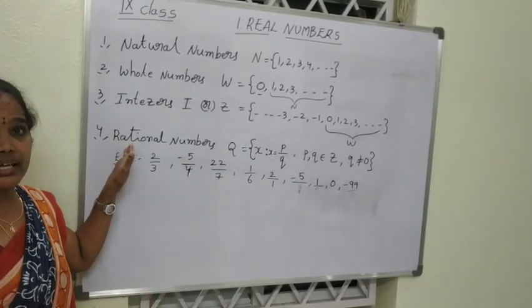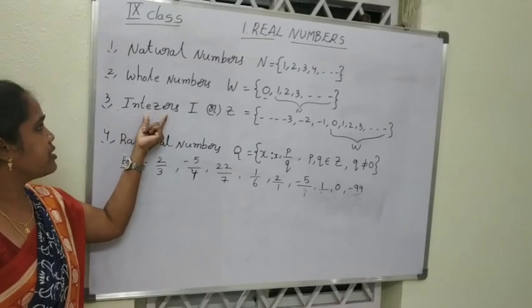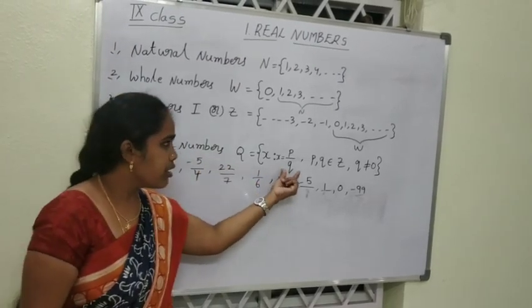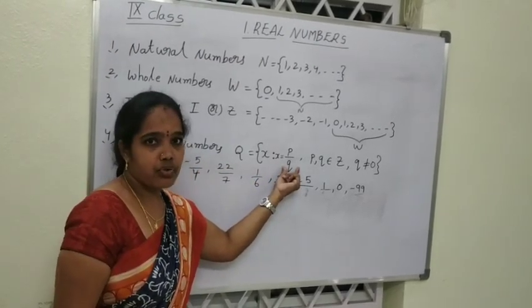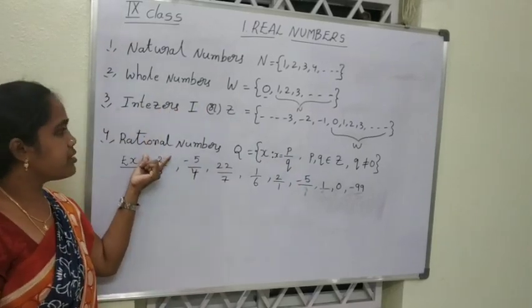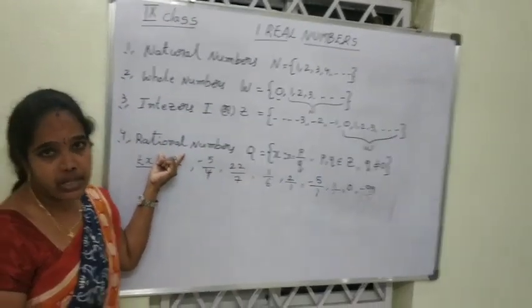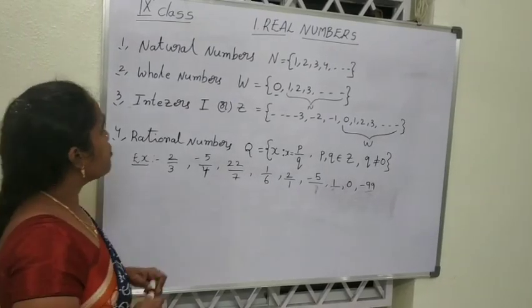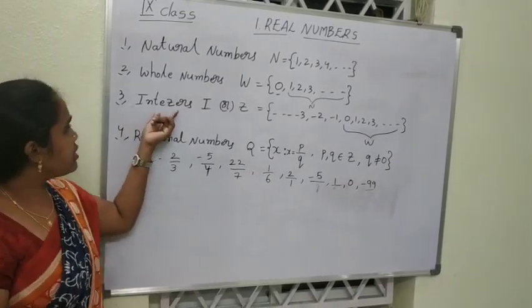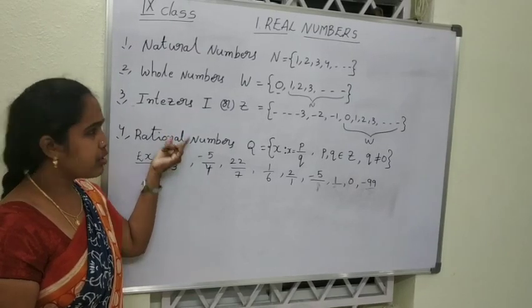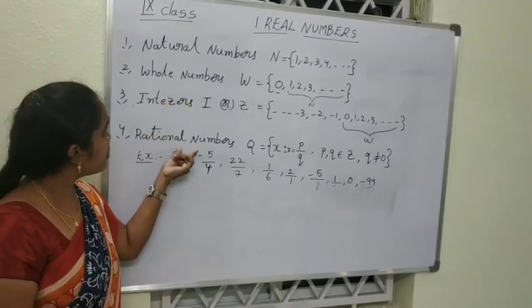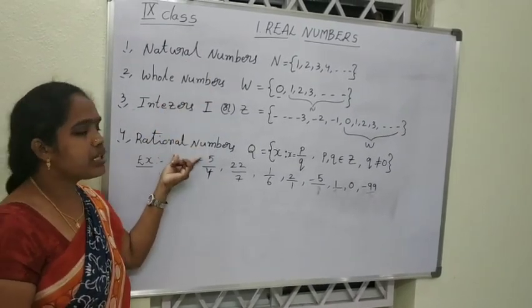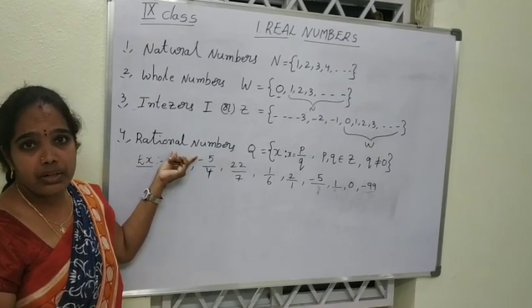So from this we can say that every integer we can show in P by Q form, so every integer is a rational number. Did you understand? One more important point I want to say: every whole number is a rational number, and every natural number is a rational number. Will you agree with me or not?